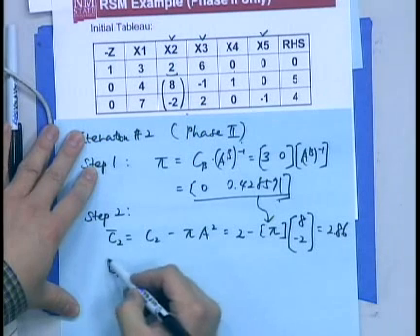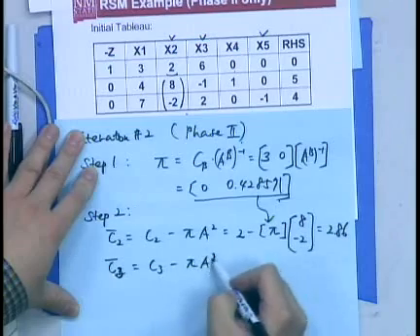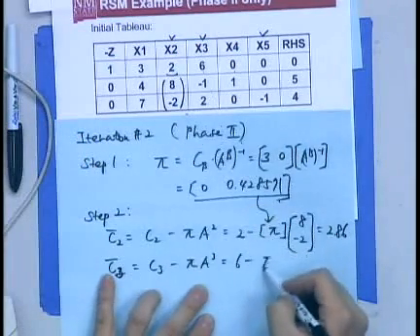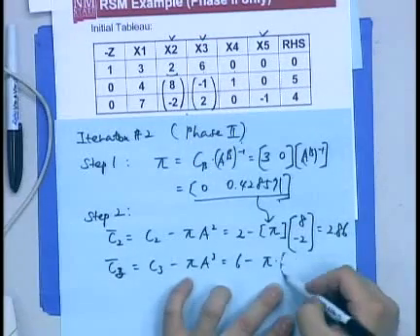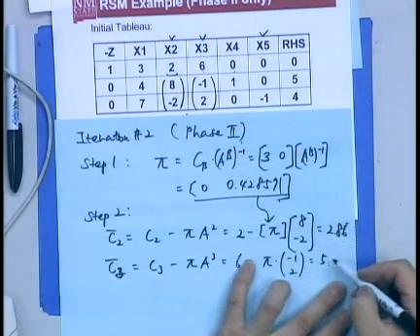Next, the reduced cost for the x3 variable. C3 is 6 minus pi times A3, which is negative 1, 2. And this value becomes 5.14.